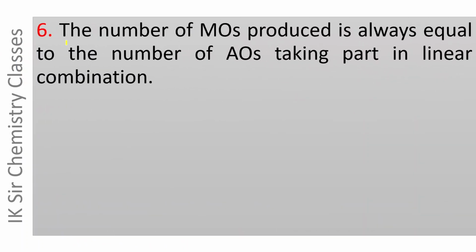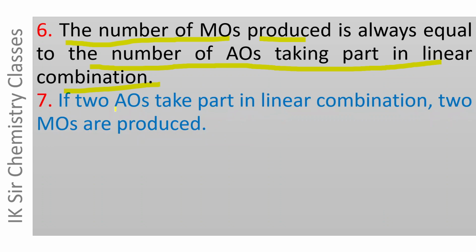The number of molecular orbitals produced is always equal to the number of atomic orbitals taking part in linear combination. For example, if two atomic orbitals take part in linear combination, two molecular orbitals will be produced.